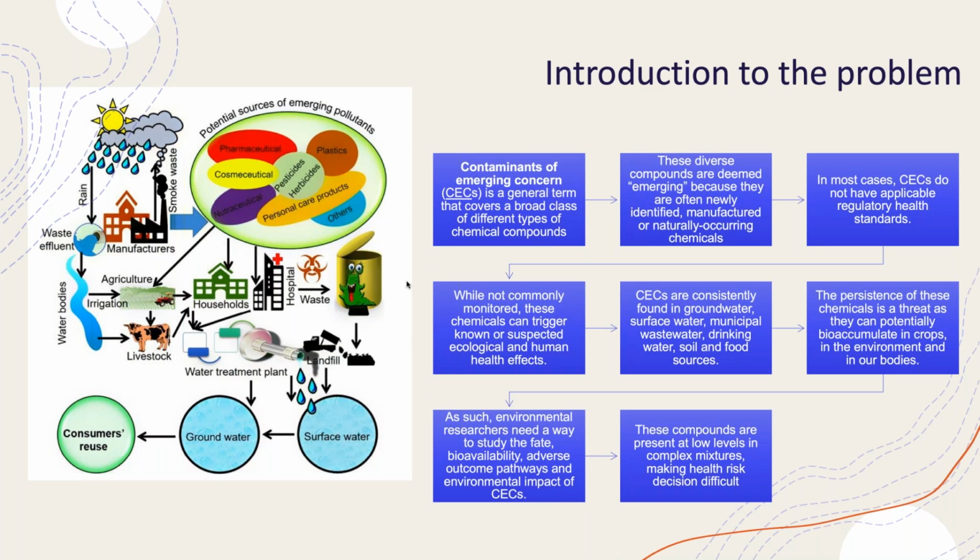and human health effects. And in addition, many of these contaminants of emerging concern are consistently found in different sources of water. So we can find them in groundwater, surface water, wastewater treatment facilities, soil, food, etc. And many of the problems of these compounds are not only their presence and the fact that we don't know much about them, but the fact that they accumulate.